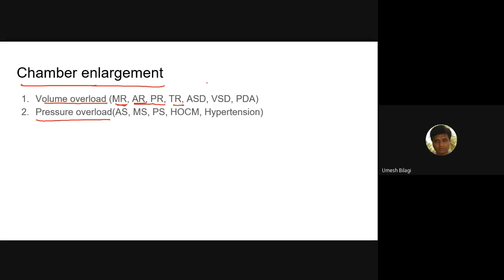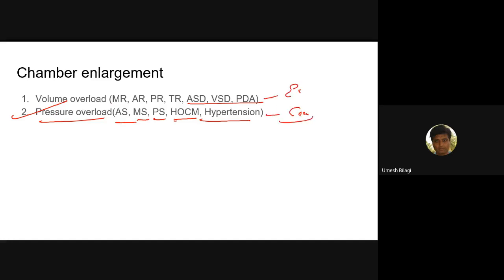ASD, VSD, PDA, these shunts all will cause chamber volume overload. Now pressure overload: aortic stenosis, mitral stenosis, pulmonary stenosis, hypertrophic obstructive cardiomyopathy, hypertension will cause pressure overload. So this will cause eccentric hypertrophy, this will cause concentric hypertrophy. Here thickness will be more; here, in volume overload, chamber size is more.